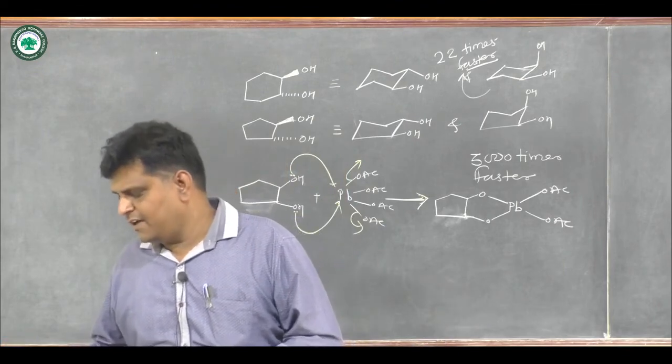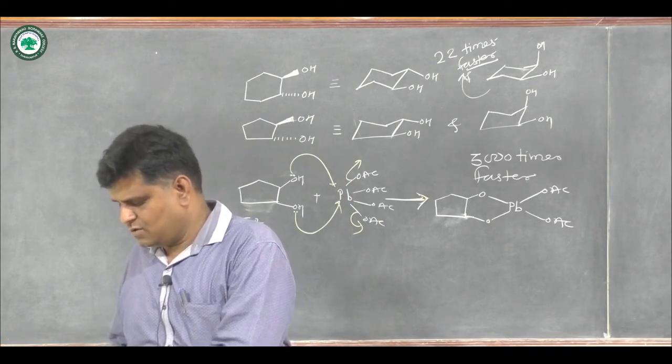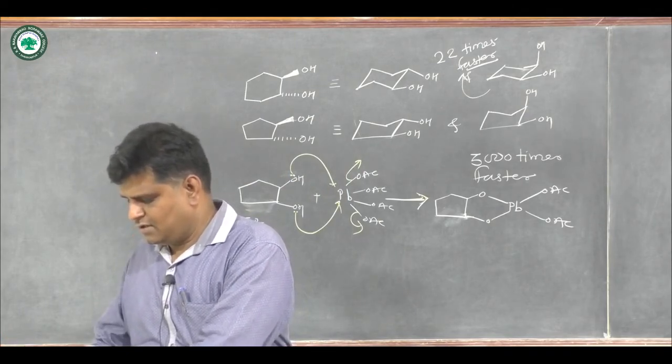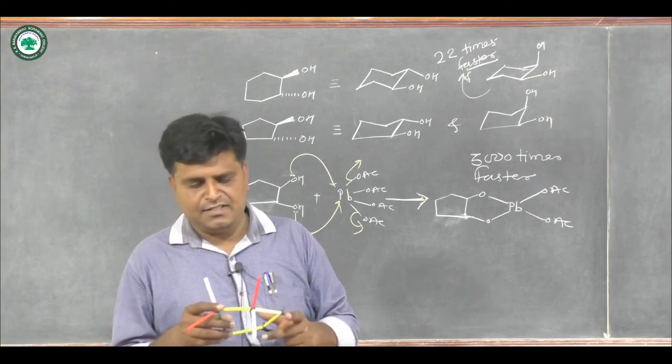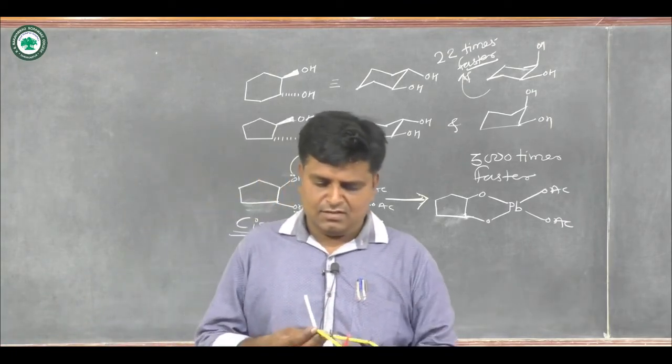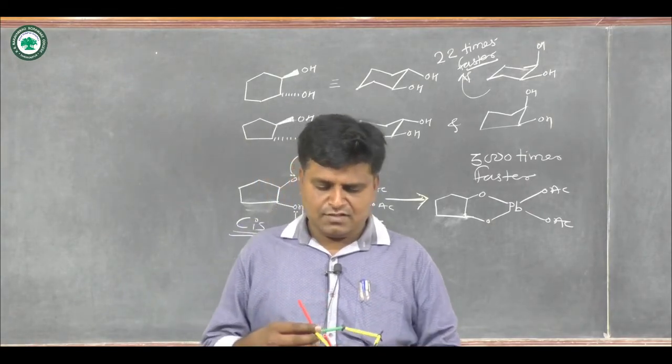Here we try to make that example also. Suppose we remove one hydrogen from the model, and we get here the cis isomer, cis hydroxyl.